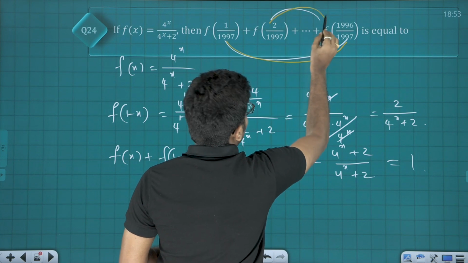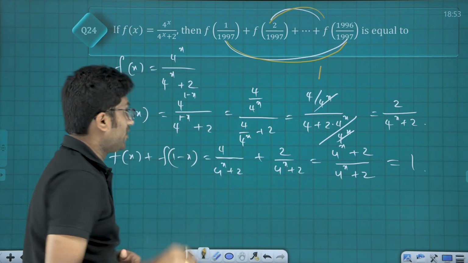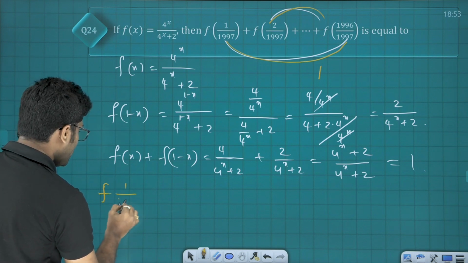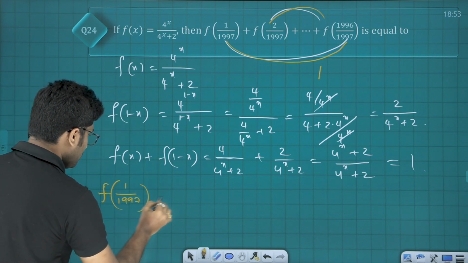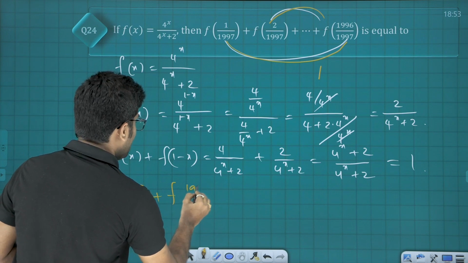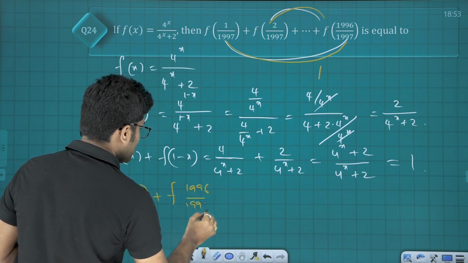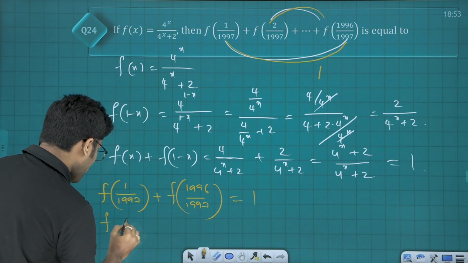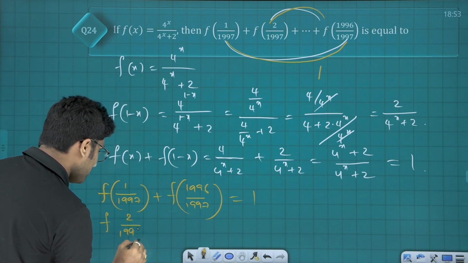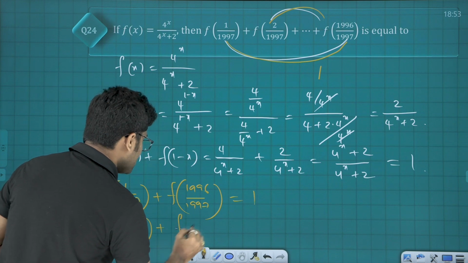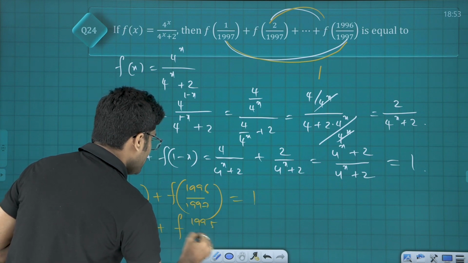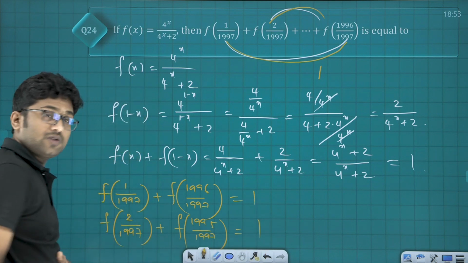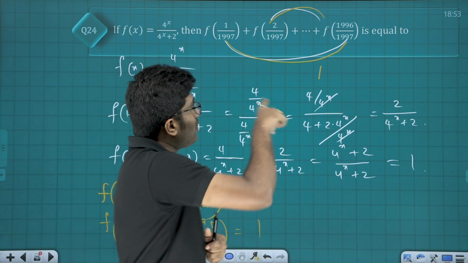When you add this and the previous one, f of 1 by 1997 plus f of 1996 by 1997 is 1. In the same way, f of 2 by 1997 plus f of 1995 by 1997, because these two sum to 1, no? So this will also be 1.